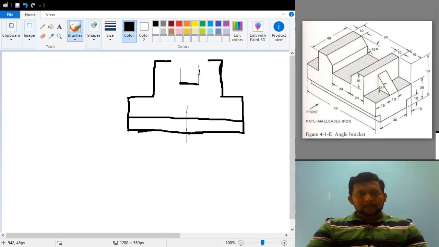After that, from here you can place your protractor like this, mark 45 degrees and draw a line at 45 degrees. Similarly from here also, and then this completes your front view. This is the complete front view.